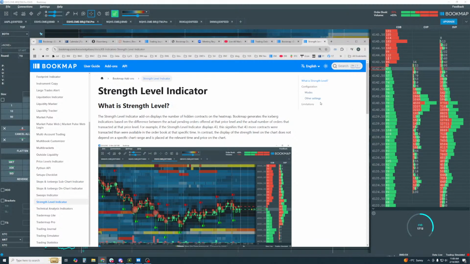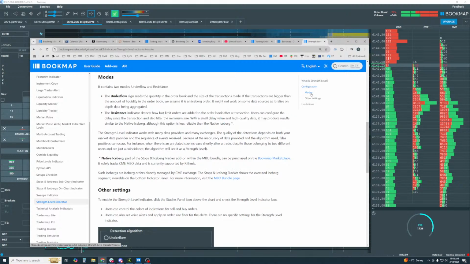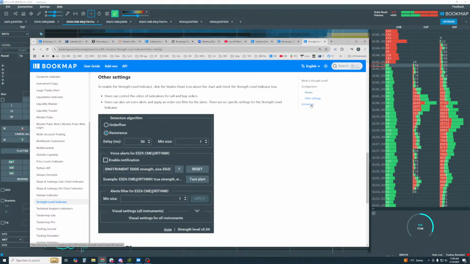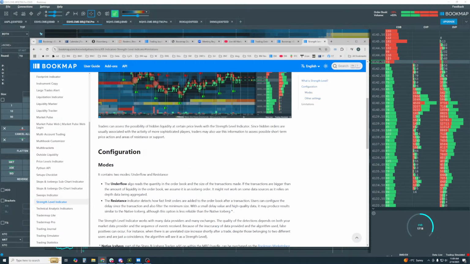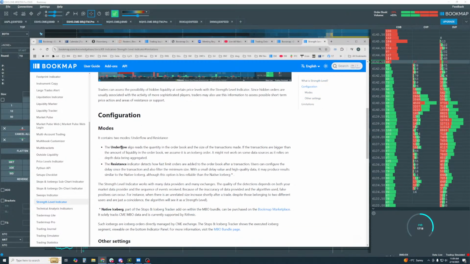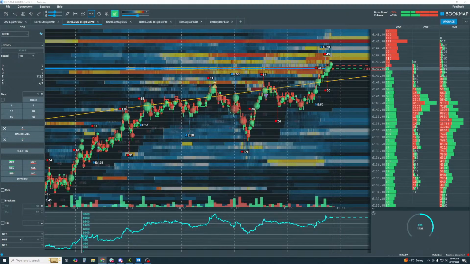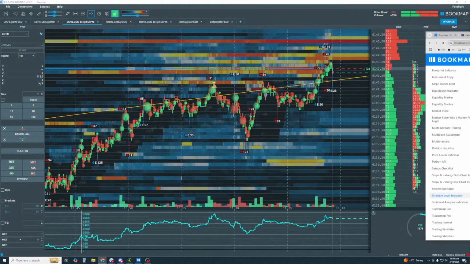And we'll see what it is, configuration, modes, other settings, and some limitations in here. The underflow and resistance, these modes in here are going to be explained in the knowledge base here.